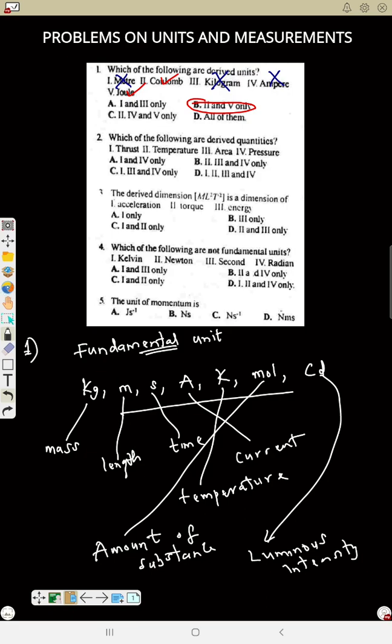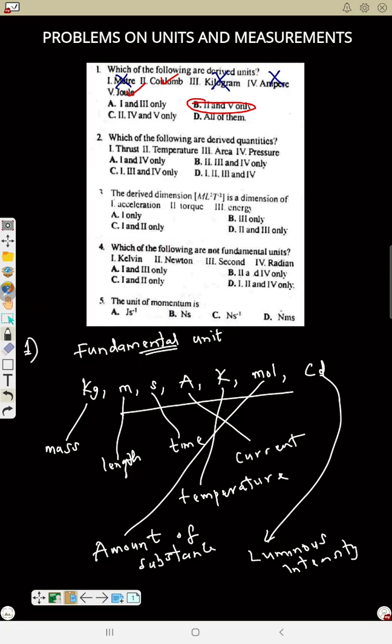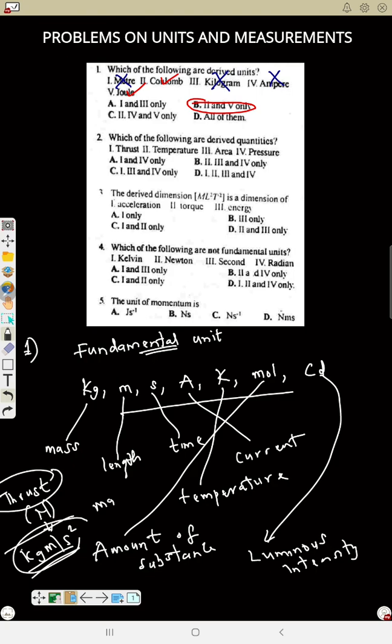So which of the following are derived quantities? Number one, thrust. Thrust is a force which has the unit Newton. If you say thrust, know that it is a kind of force and the unit is Newton. And what makes up Newton? Force is mass times acceleration, that is kilogram meter per second square. That means this is a derived quantity. Since we have a derived unit, it's also a derived quantity.